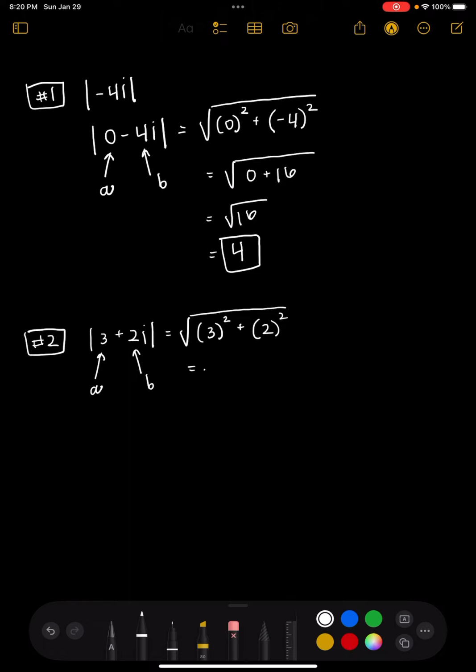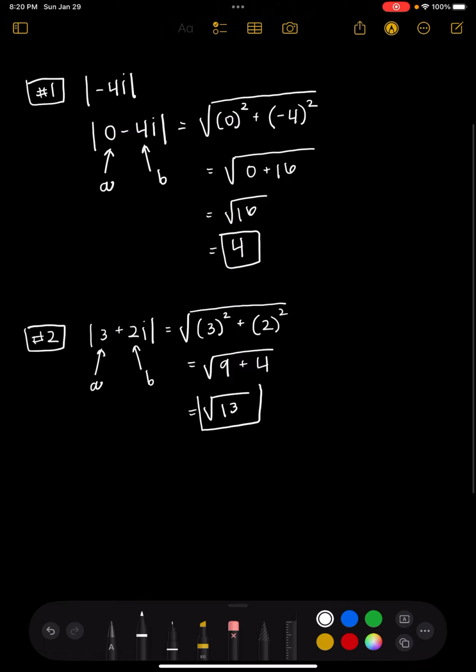All right, which would be the square root of 3 squared is 9, and 2 squared is 4. And then 9 plus 4 is 13, which means my final answer, because I can't simplify the square root of 13, is the square root of 13. So that, once again, is the distance between the origin and that complex number.